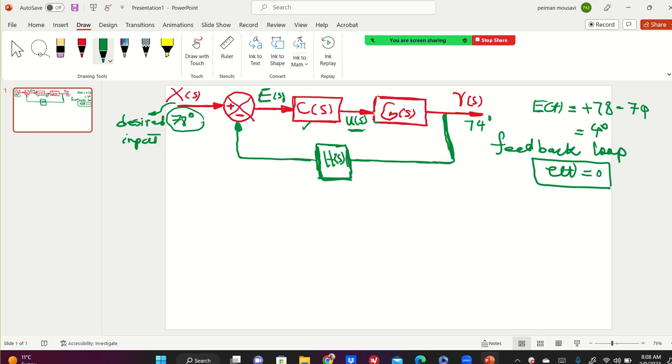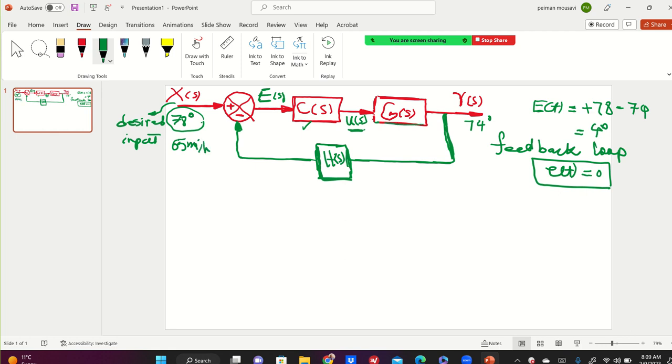Another example of this: I'm pretty sure that you have a car, and most of the cars you have, they have cruise control. Yes? The cruise system. You say, okay, I'm on a highway, I don't want to push the gas pedal with my leg. I want to just relax. So I want the velocity of my car to be 65 miles per hour.